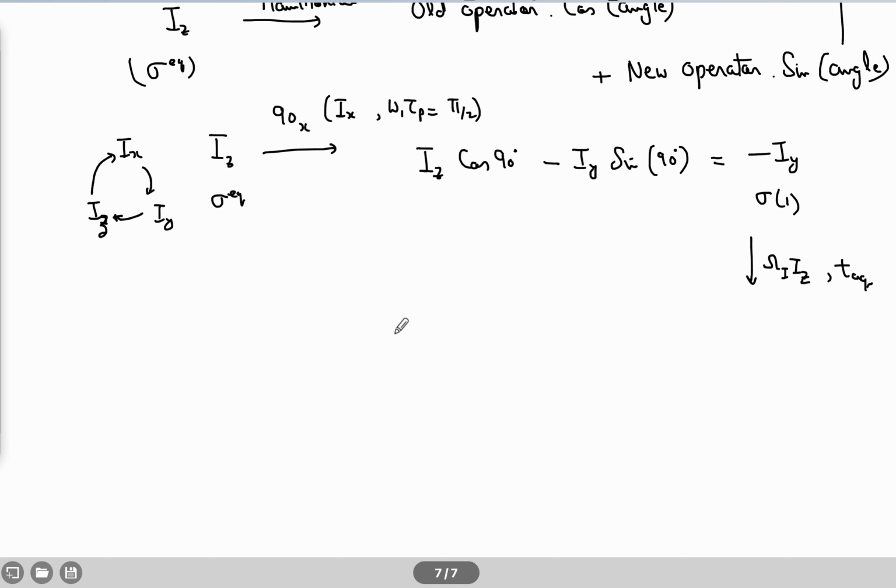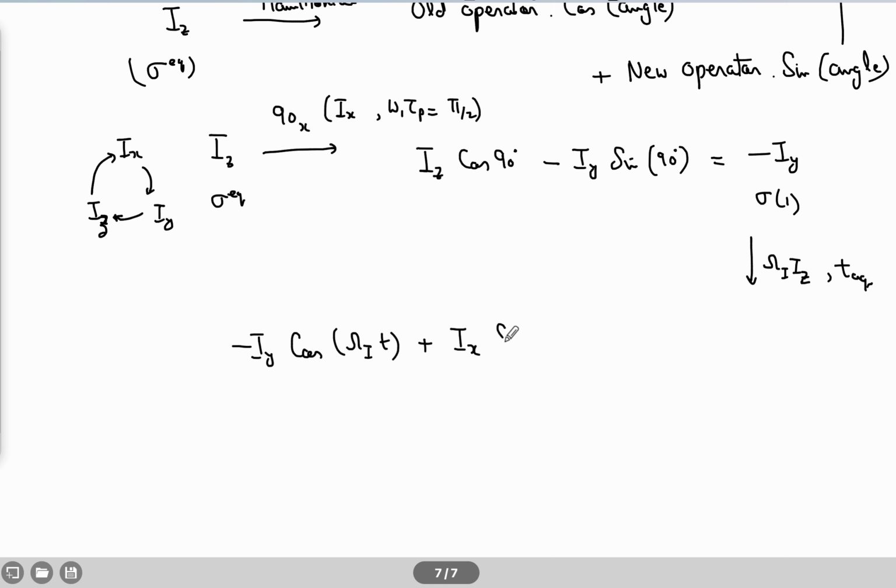My old operator is minus Iy, times cosine of the angle, omega I into t, frequency into time. The new operator: now Iz is operating on Iy, so again I'm going in a reverse cyclic manner, and I will get minus Ix. I have another minus here, so that means plus Ix.